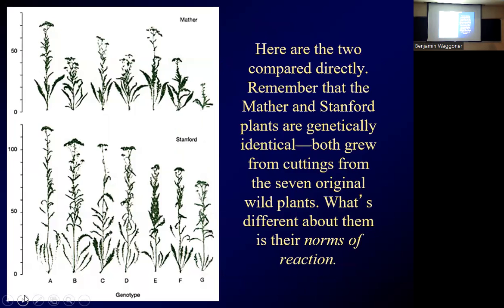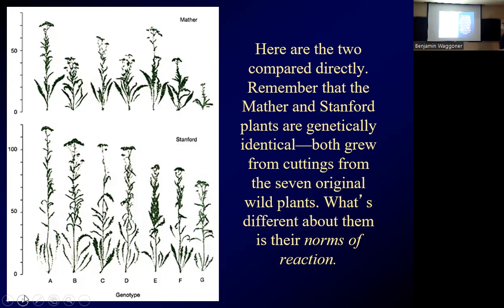And remember that, right? Plant A at Mather and A at Stanford are genetically identical. They are both cuttings from the same wild plant, right? So every plant is genetically identical with the one immediately below it or above it.